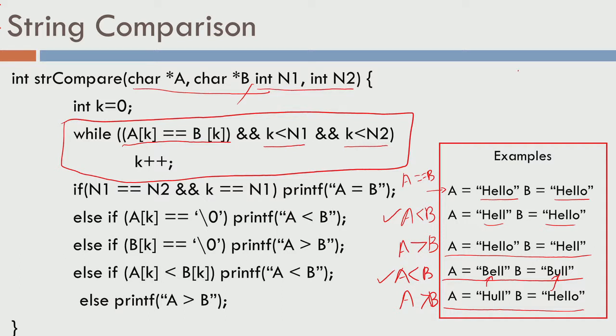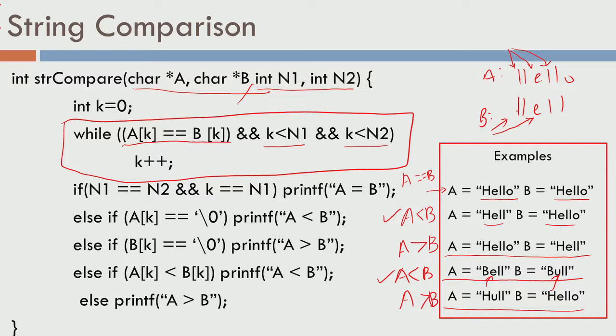So, if I start with, let us say hello and hell, k is supposed to point to the 0th character of both. So let's say this is my A and this is my B. So k initially starts with pointing to h. These both are same. I increment k. So k now, A of k is E and B of k is E. These two are same.